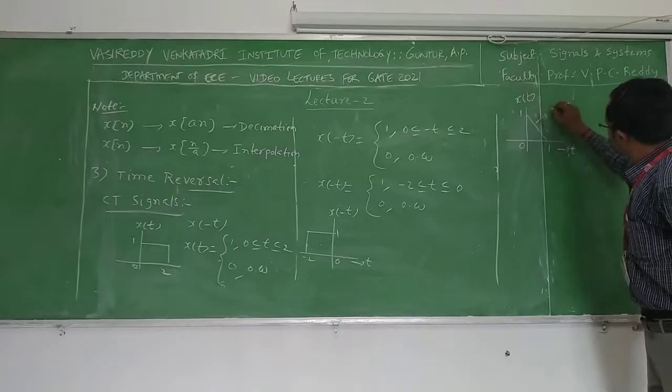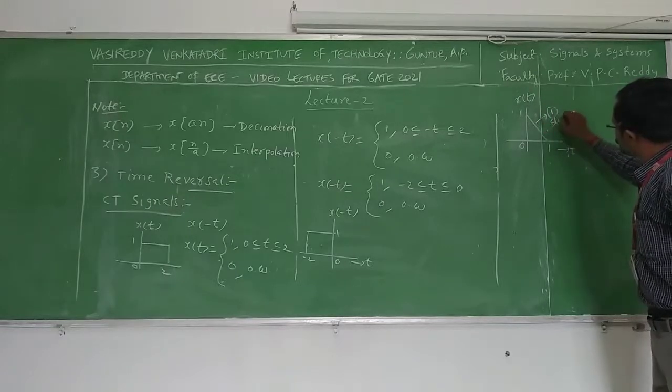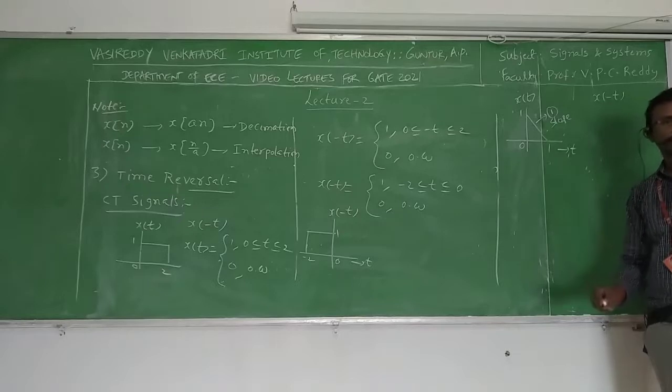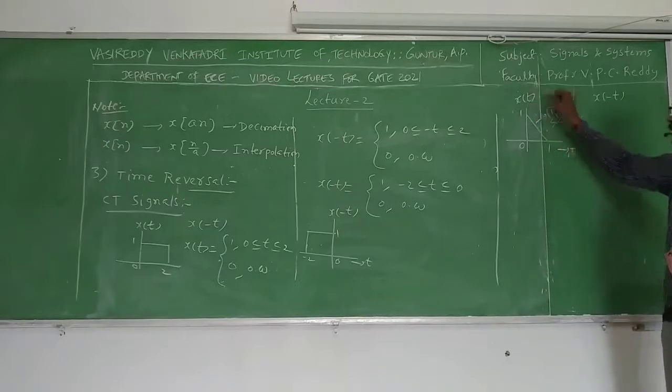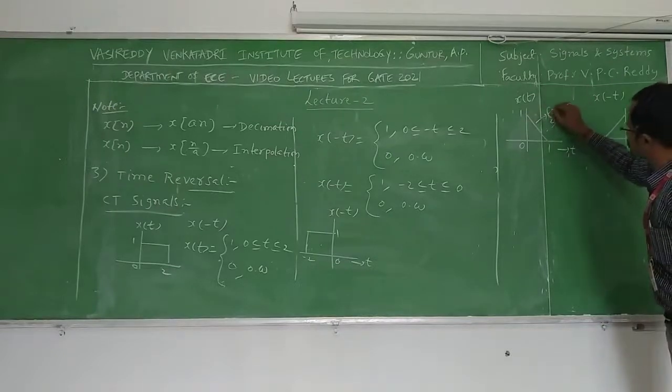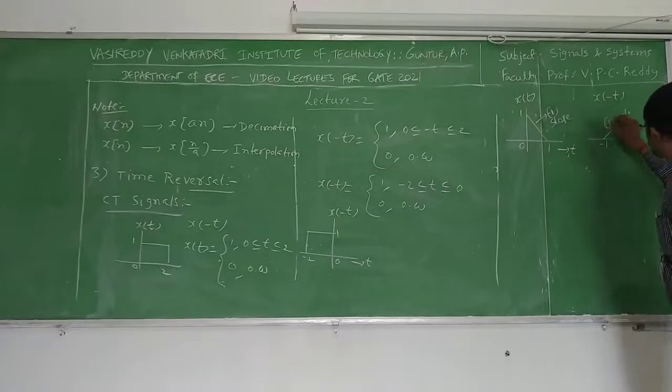Now I am asking for x of minus t, the time reversed function of the given signal x of t. What we have to do is simply keep a mirror on the y-axis. The positive time axis becomes the negative time axis. Moreover, if you observe the slope here, the line slope is minus 1, not plus 1. What about the slope here? Plus 1.